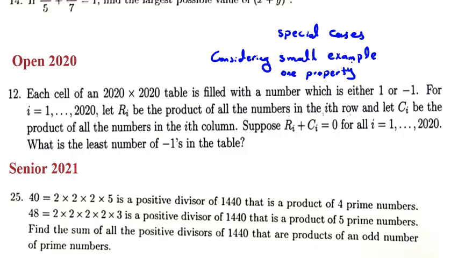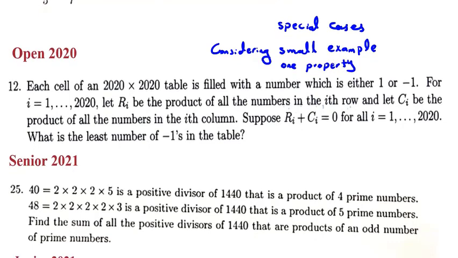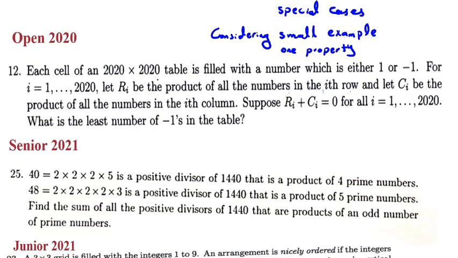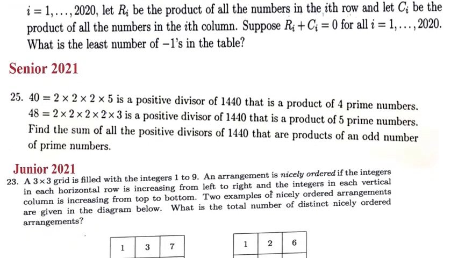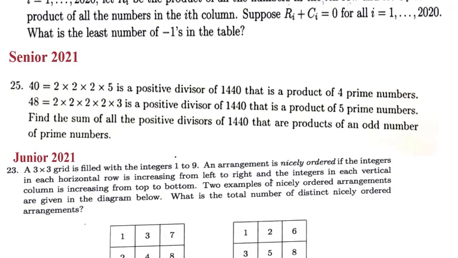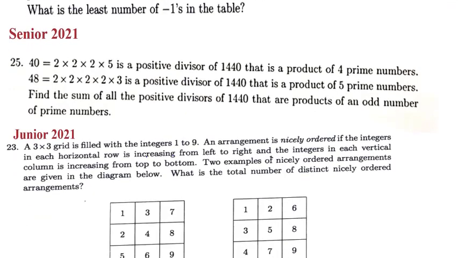So here, considering small examples, special cases, and considering one property, you can then split up into different cases. This one we want to solve by considering a small example for open section, and this one for senior, by considering one property and splitting up the answer into smaller ones.